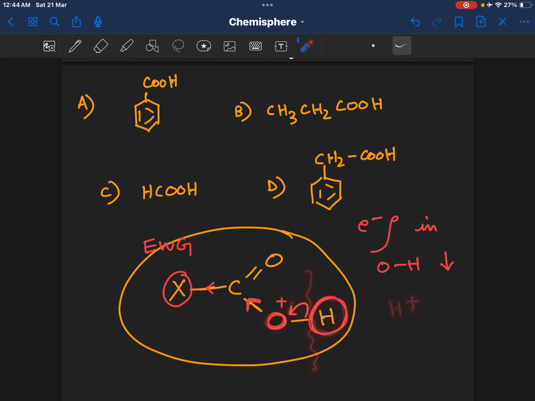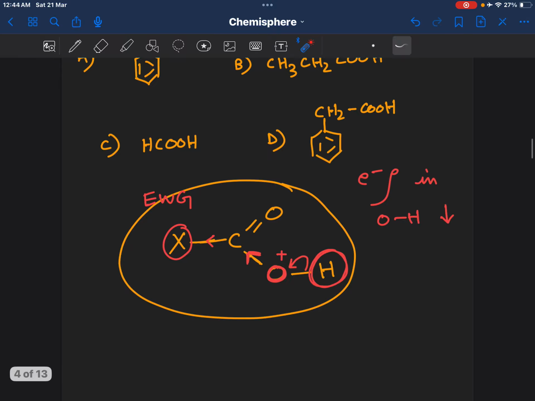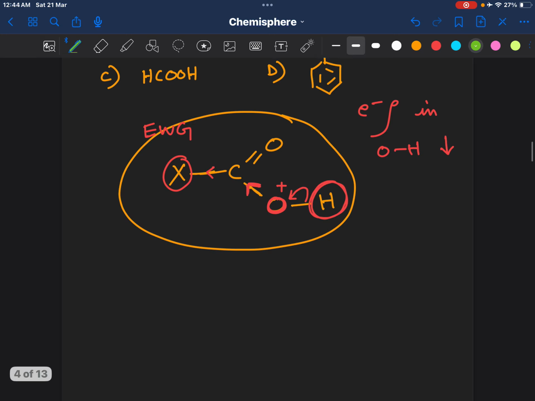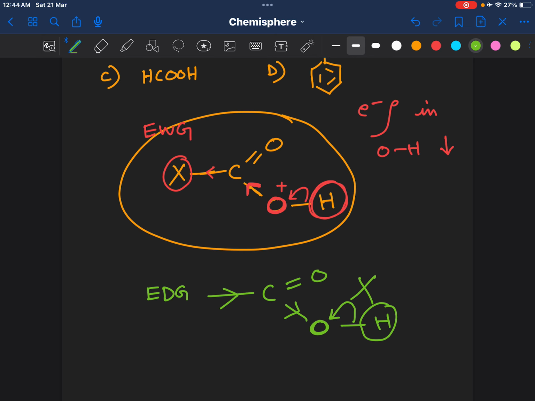On the contrary, if you have an electron donating group, what's that going to do? It is going to donate electrons. Since it is donating electrons, oxygen doesn't feel the necessity to pull these electrons towards itself, and hence it will be tough to break this bond. This does not happen.